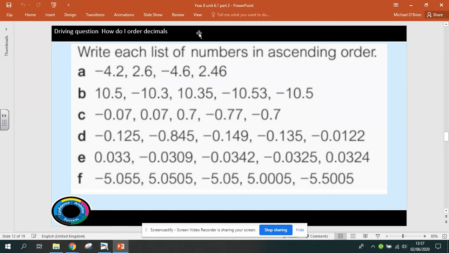C, minus 0.77, minus 0.7, minus 0.07, 0.07, 0.7.